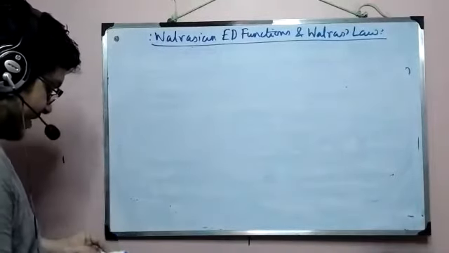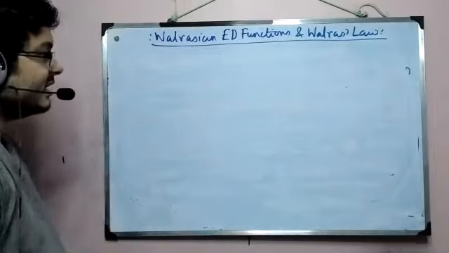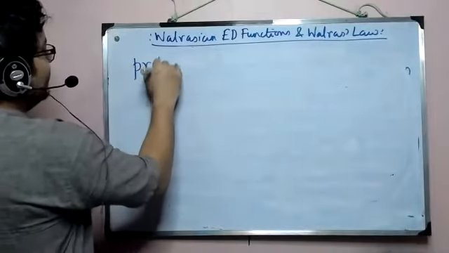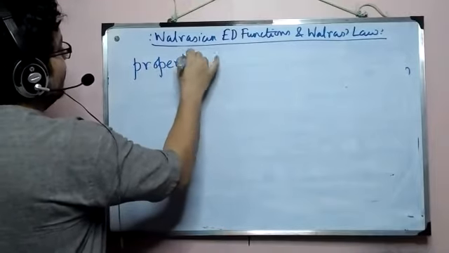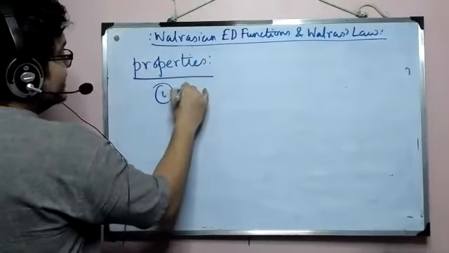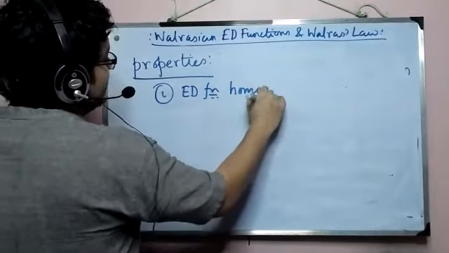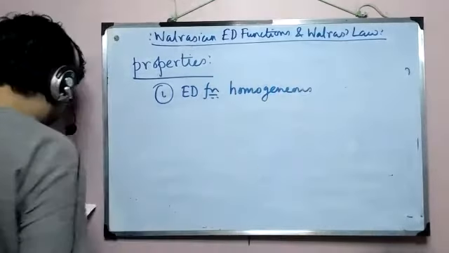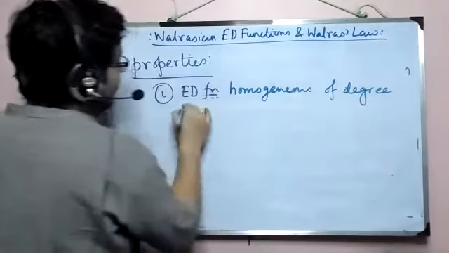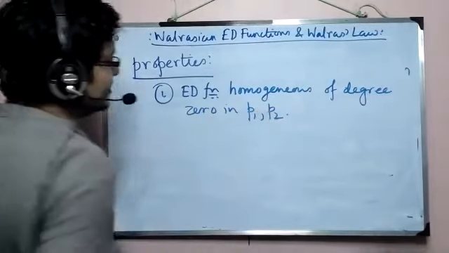And these properties will tell you why we have been able to compare this result with linear algebra. So, properties, what are they? Number one is that our excess demand functions are homogeneous of degree 0 in P1 and P2, but that's normal.